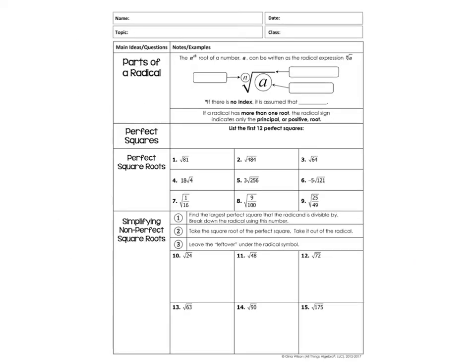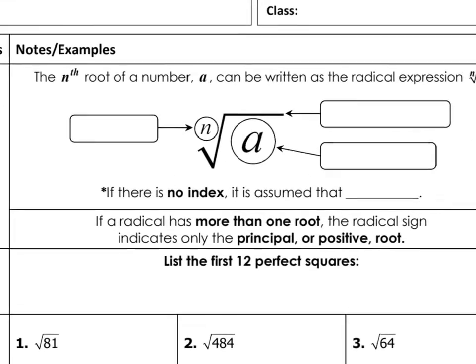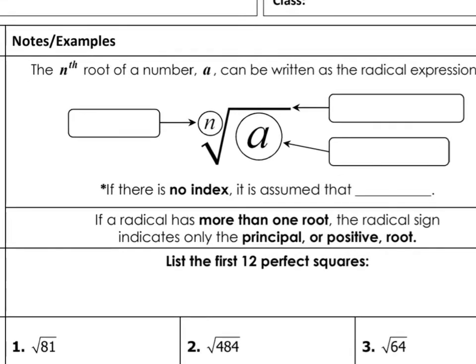All right, let's look at parts of a radical. So the n, on a square root they don't put it there, but it's understood that it's a square. This is the index.